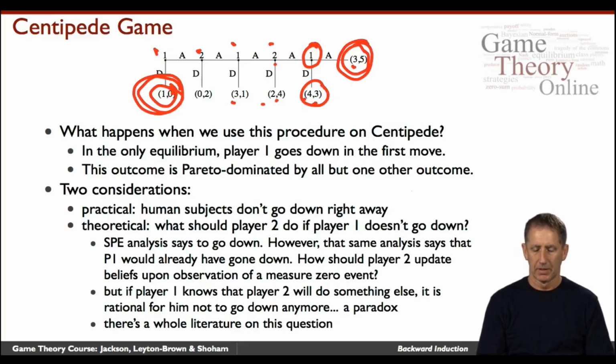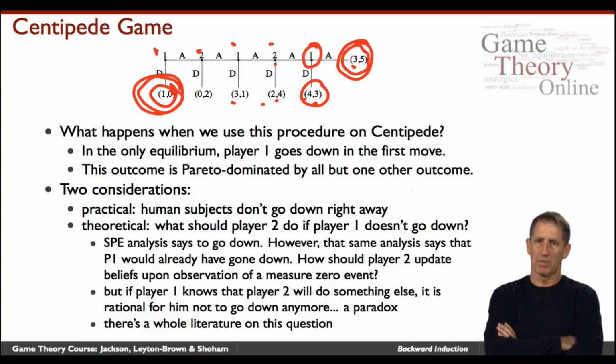So on the one hand, a clear account of what will happen in this game. But there are two problems. One of them is simply experimental and common sense, and the other is more theoretical. On the pragmatic level, common sense simply tells you this is not what's going to happen.